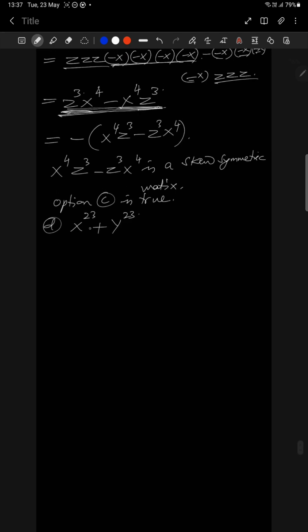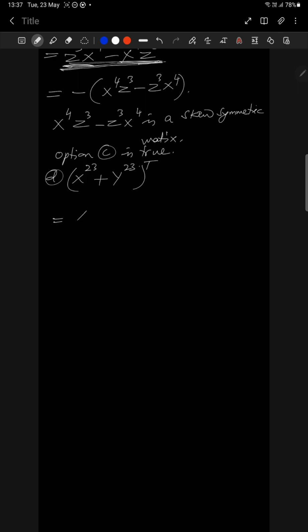Let us check the fourth option also. Option D is x to the power 23 plus y to the power 23. To test whether it is skew symmetric or symmetric, let us take the transpose of this whole thing.